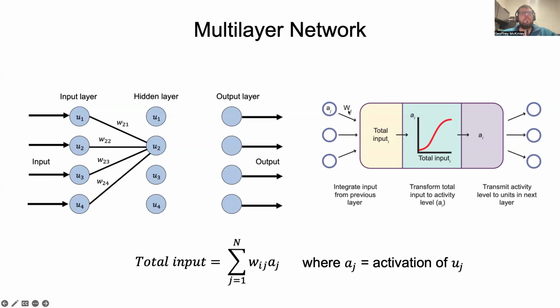So you can have different activation functions. Before, the activation function was basically: if the activation is below a threshold, don't do anything, and if it's above or equal to the threshold, then activate. That's a binary threshold activation function, but you can have it be different.